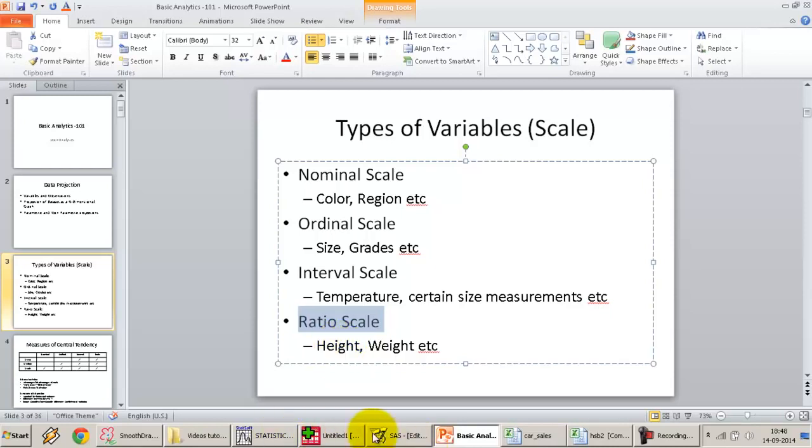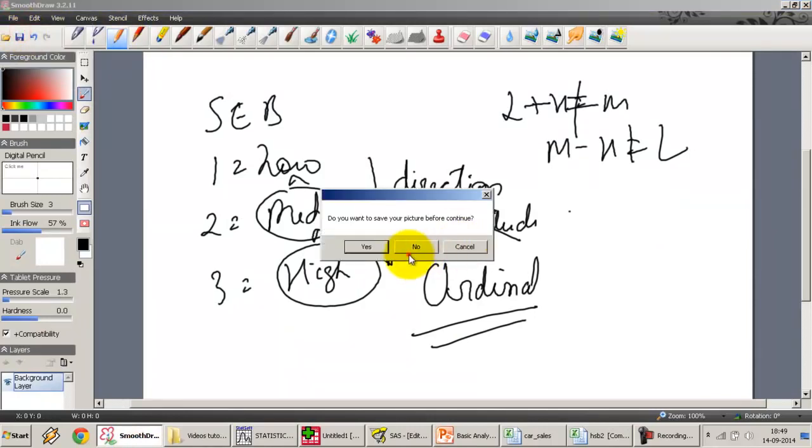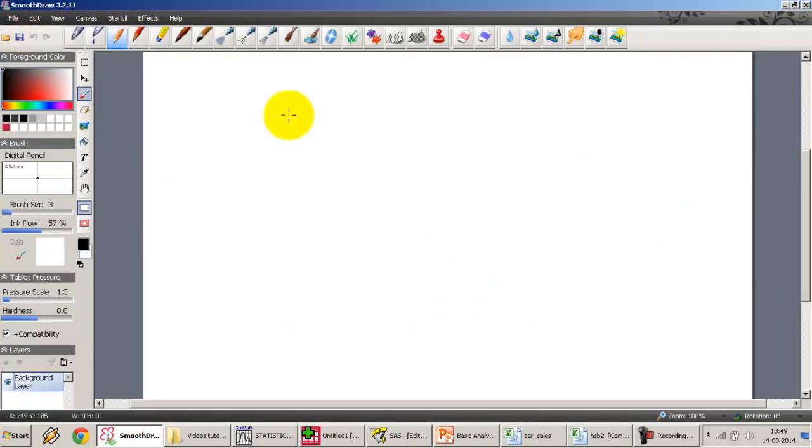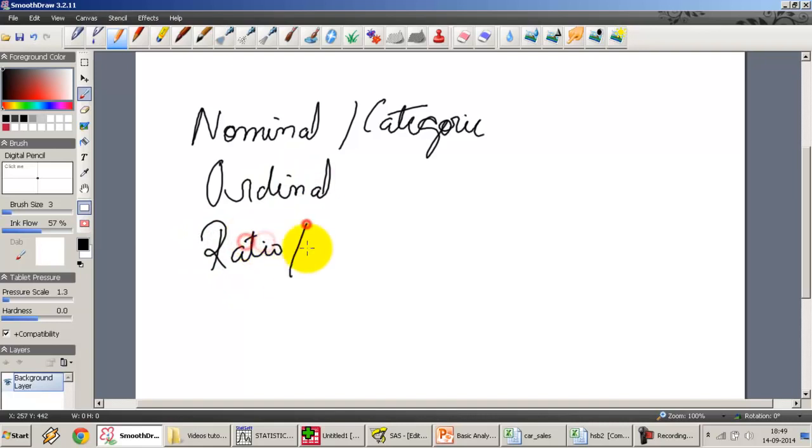So the three kinds of variables that we've just studied, I'm going to reiterate them on the white screen. We've got the nominal or categoric variables, then we've got ordinal variables, then we've got ratio slash continuous variables, right?